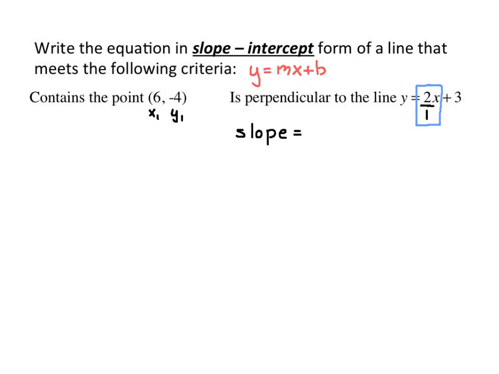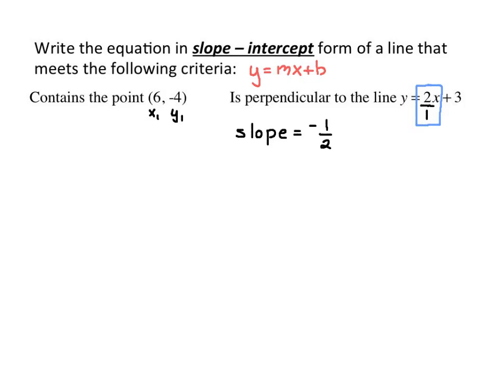So I need to flip it, making it 1 over 2. And then if it's the perpendicular slope, it needs to be the opposite reciprocal. Since the original slope is positive, we need to make our new slope a negative 1/2. It doesn't really matter if we make the 1 or the 2 or the whole fraction negative. We just recognize that one value is positive and one is negative to make this slope of negative 1/2.